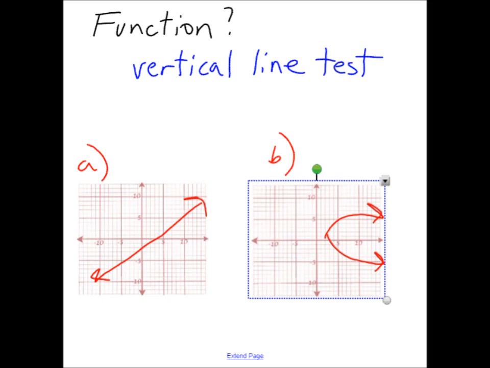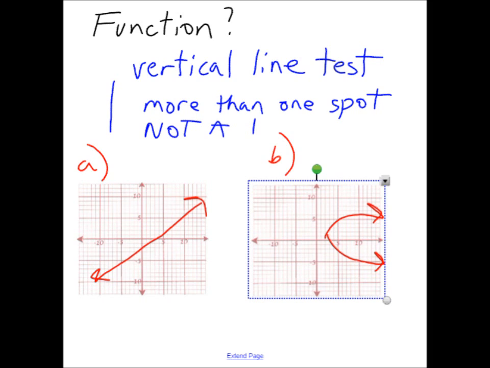So if I could draw a vertical line that hits it in more than one place, it's not going to be a function. So for A, this is going to be a function because no matter where I draw my vertical line, it only hits the graph in one spot, so therefore it is a function.